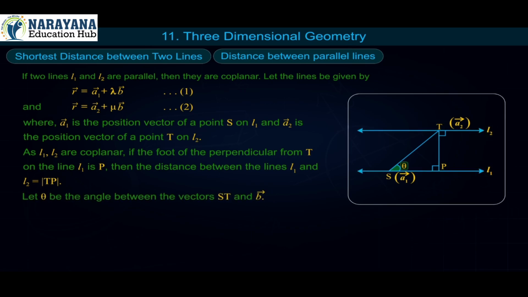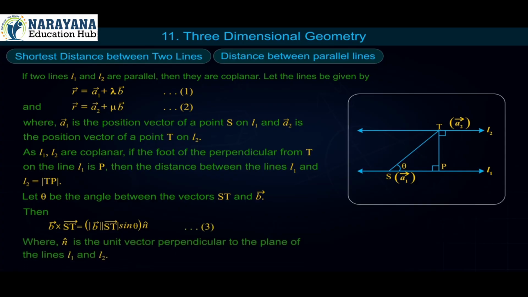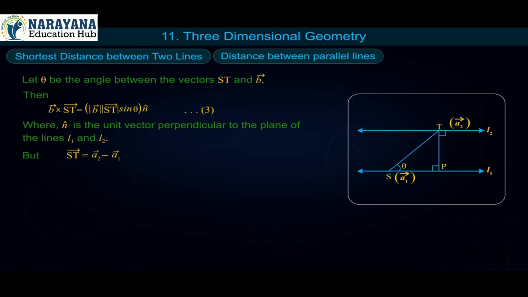Let theta be the angle between the vectors vector ST and vector B. Then vector B cross vector ST is equal to modulus of vector B into modulus of vector ST sin theta into n cap, equation 3, where n cap is the unit vector perpendicular to the plane of the lines L1 and L2. But vector ST is equal to vector A2 minus vector A1.